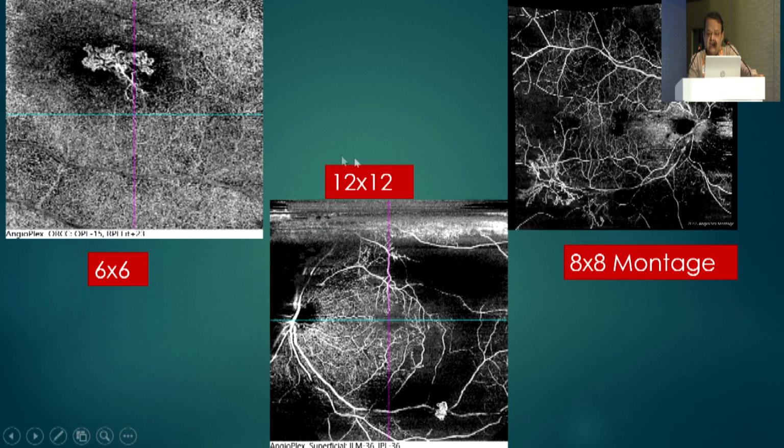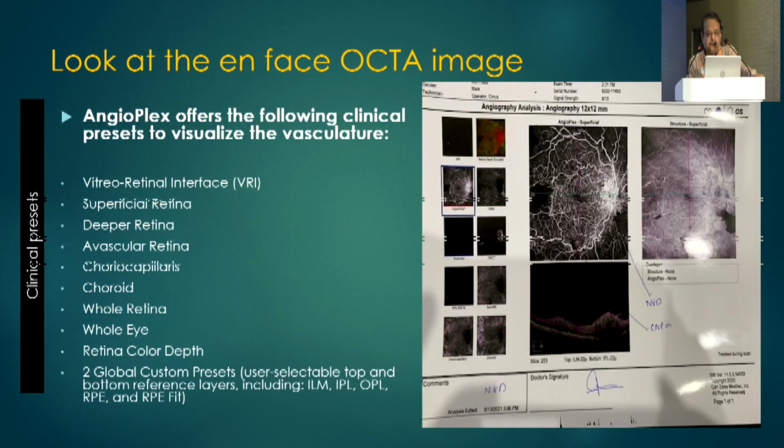So you can do a 12 by 12 scan, which will give an area similar to an 8 by 8 montage. And if you have a PLEX Elite 12 by 12 montage, then you can get a 16 by 16 scan, which covers till the equator.